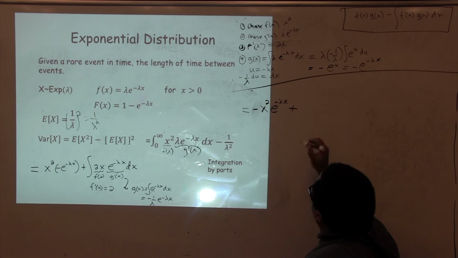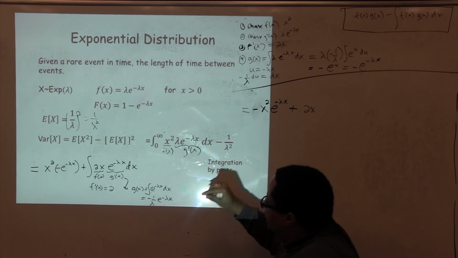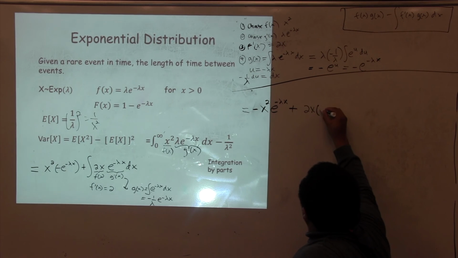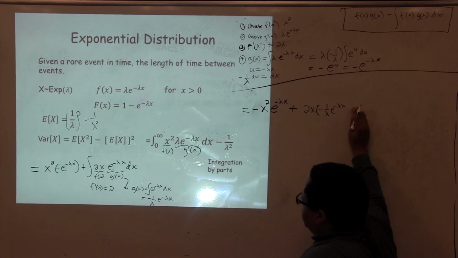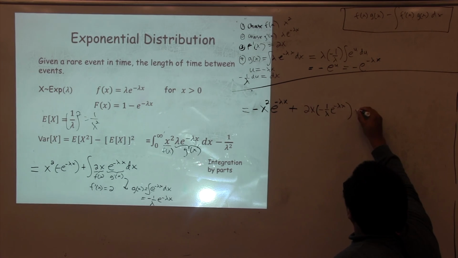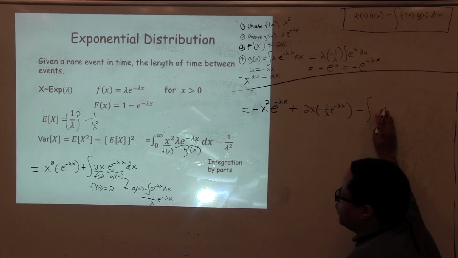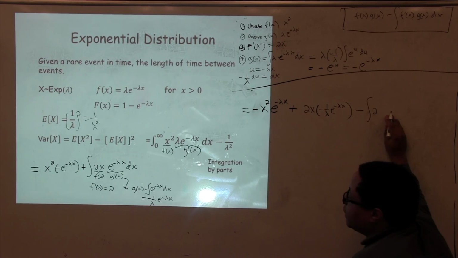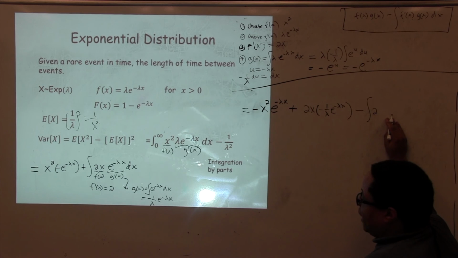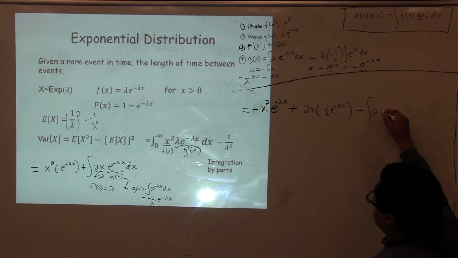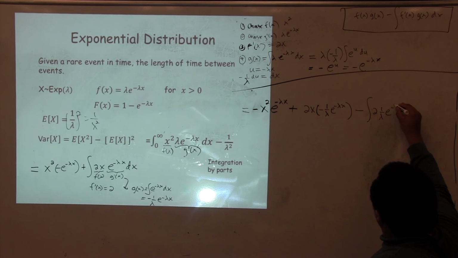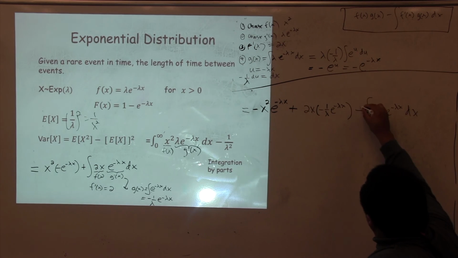So f of x is 2x, and our g of x here is minus 1 over lambda e to the minus lambda x, right? That's f of x times g of x, minus the integral of f prime of x, which is just 2, times g of x, which is again minus 1 over lambda e to the minus lambda x dx, and it's a minus 1 over lambda, so it's a plus.